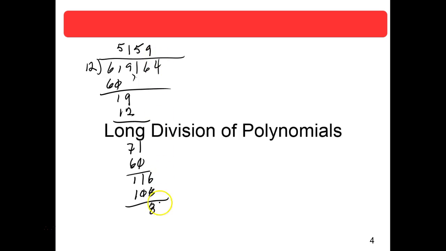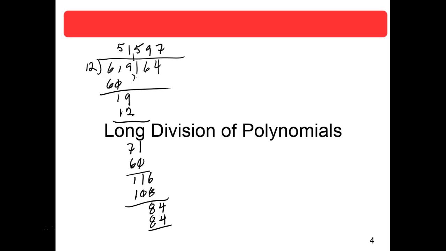Then you bring down the 4. And it goes to 7. Wow. Okay. 84. Now, what does that mean? It means several things, but what does it mean? Number 1, notice you have a remainder of 0.